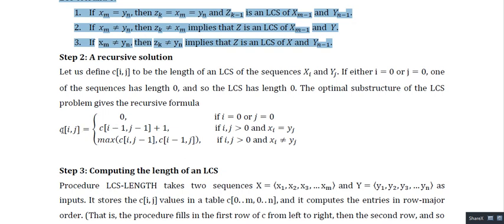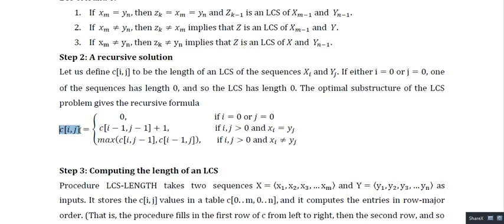So this C[i][j] is nothing but the length of the longest common subsequence present in Xi and Yj, right?